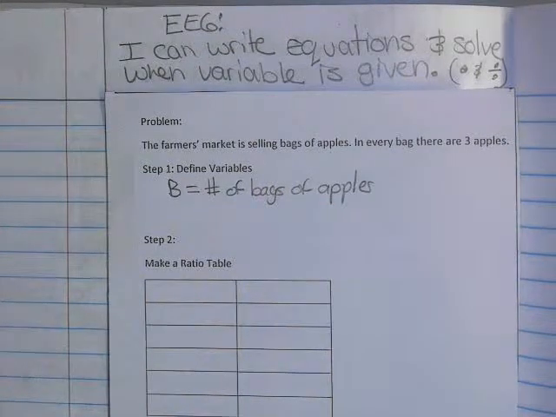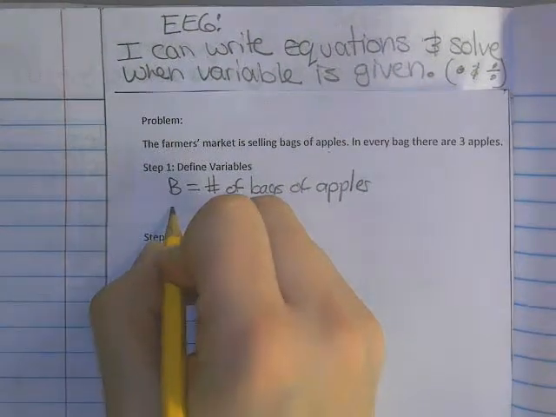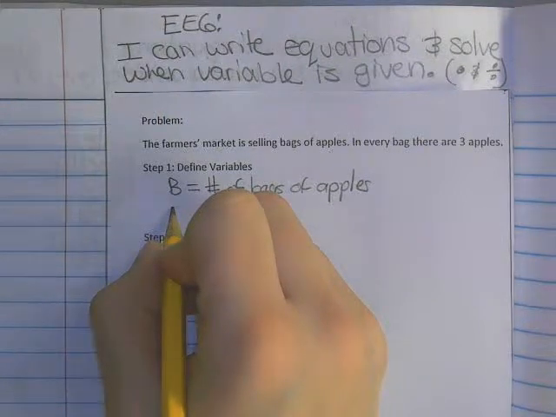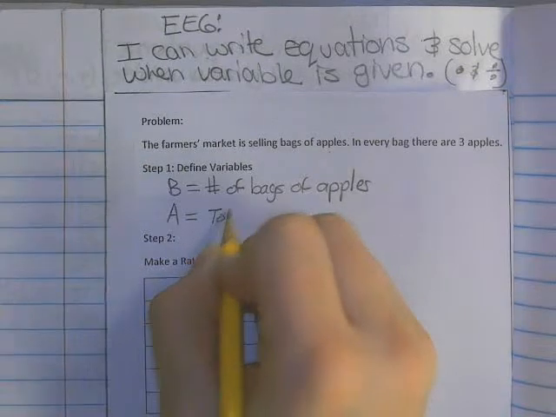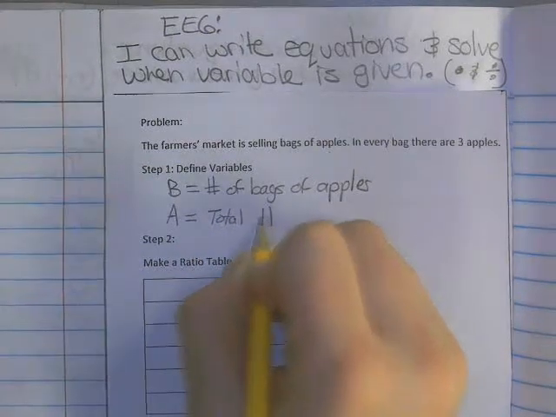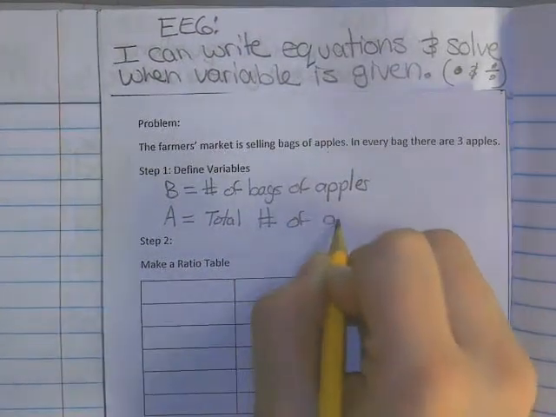What do you think, Daria? Apples. But again, we want to be detailed and specific. So we probably want to say total number of apples. Do we want to use A for apples or T for totals? A? Okay. So A equals total number of apples.